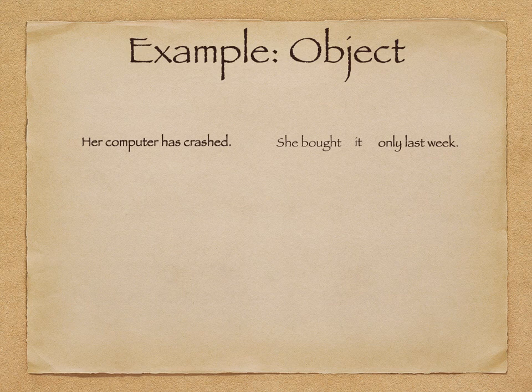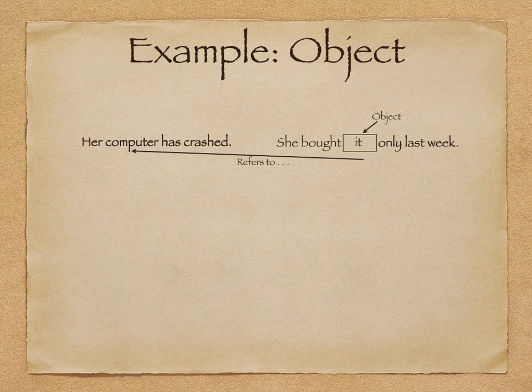In this case, I've got, again, two independent clauses. Her computer has crashed. She bought it only last week. Let's make the second clause our adjective clause. So here I've got it, which is the object of the sentence. It is referring to her computer.